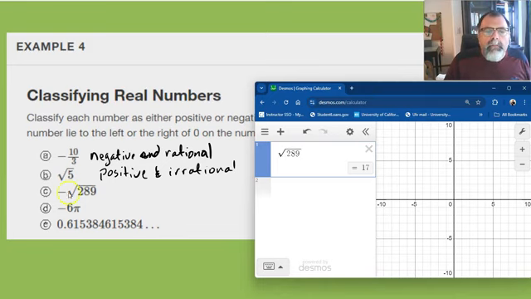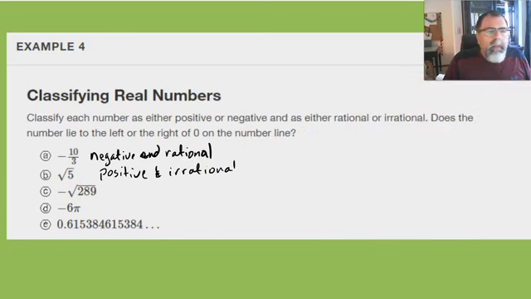And then the negative in front would just make it negative 17. So that one is, okay, I'm not going to write it, just say it. So this one will be negative and irrational, no, rational. Maybe I should write it. So it's negative and rational, and then it'll be to the left of 0 on the number line.